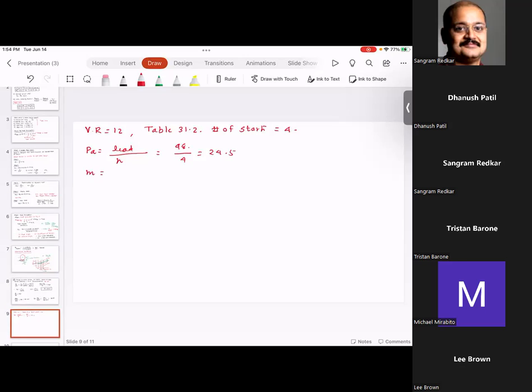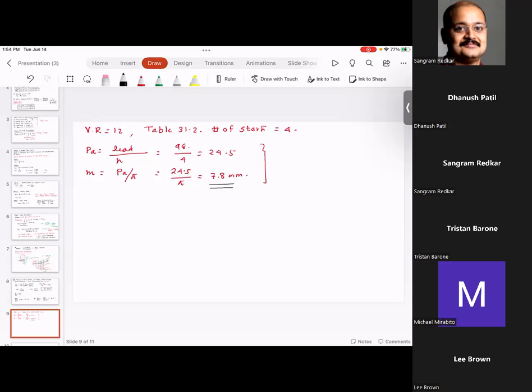Then with this, you can find out the value of module, which is PA divided by pi, which is 24.5 divided by pi. That gives you 7.8 millimeter. And with that, the axial lead and other values can be found out, but please try to understand that 7.8 is a non-standard dimension.